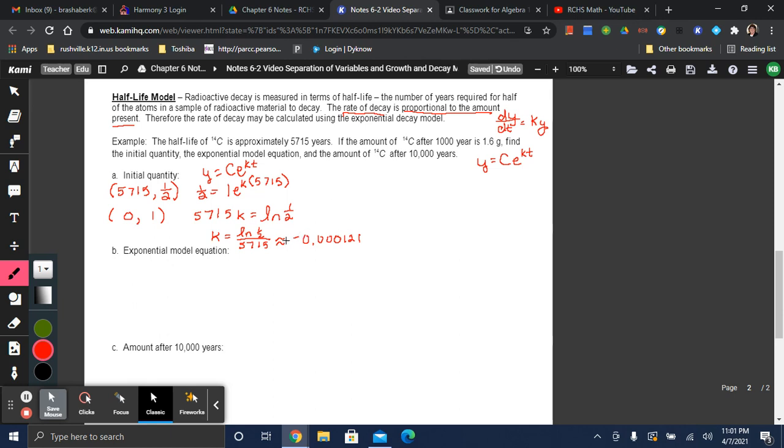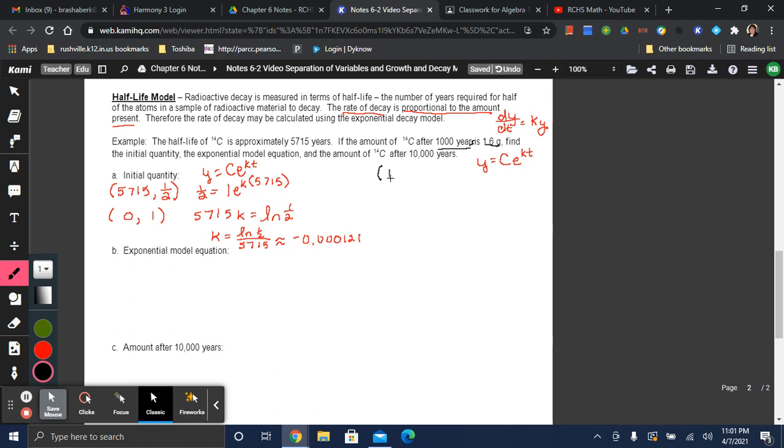So after I know my value of k, now I can start working on finding the actual value for the c. So now I can use my given information that after 1,000 years, the amount of carbon-14 is 1.6 grams.